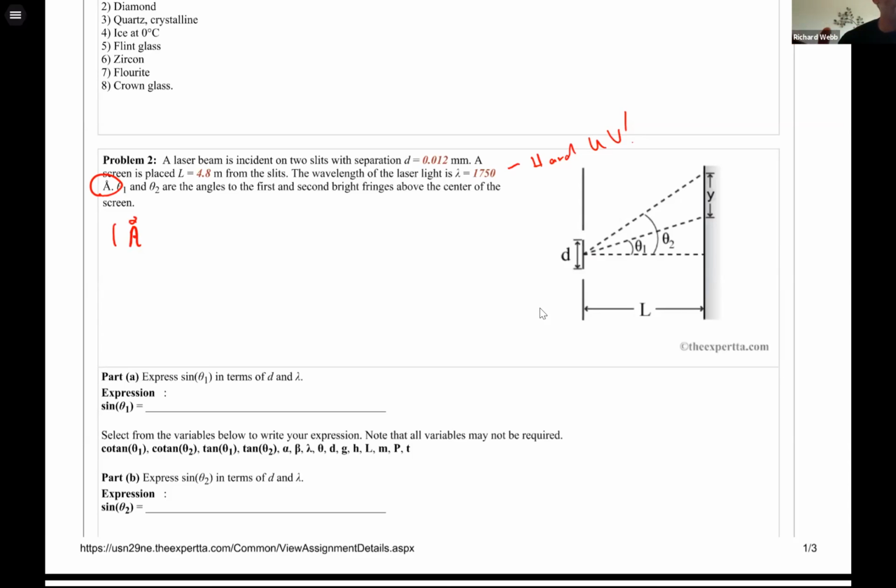You guys don't remember Åsa Karin? Can't remember Åsa's last name, but she was our registrar, and that was actually the first letter of her name, Åsa. Anyway, so that's equal to 10 to the minus 10th meters. So the first thing we have to know is just what that wavelength is in meters.